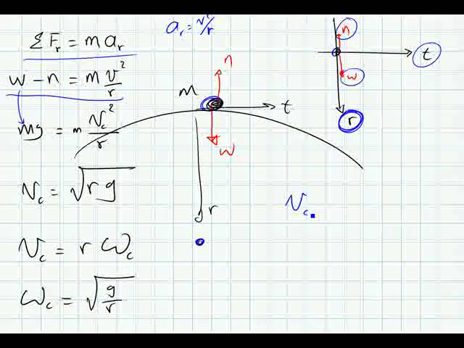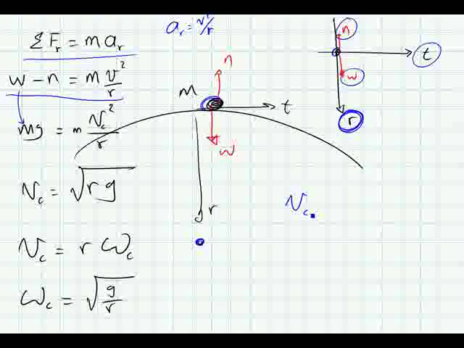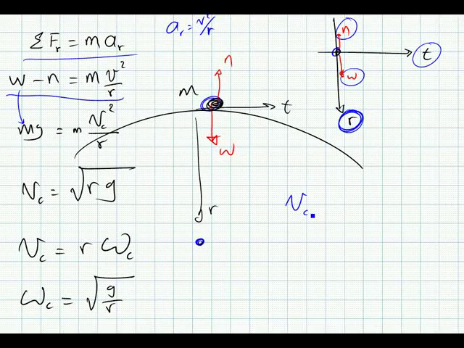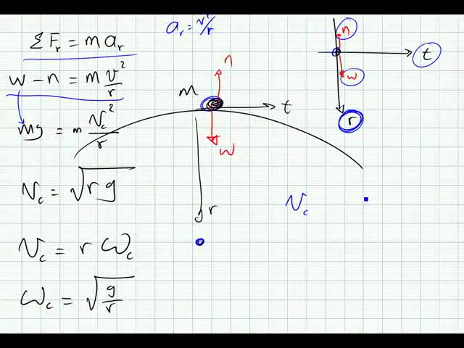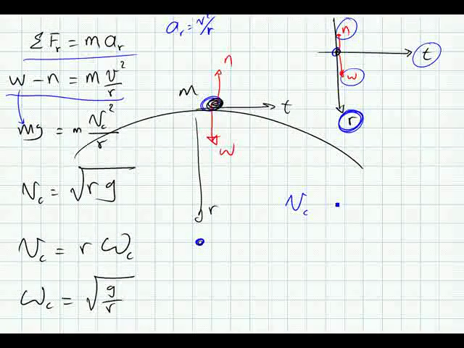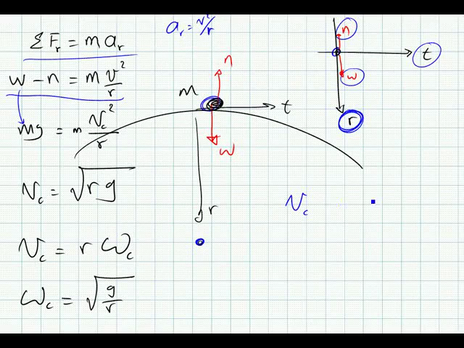If you're traveling fast enough, then the car would leave the road, of course, and that leaving the road is when you lose contact with the road, and when you lose contact with the road, the normal force that the road exerts on the object becomes 0.